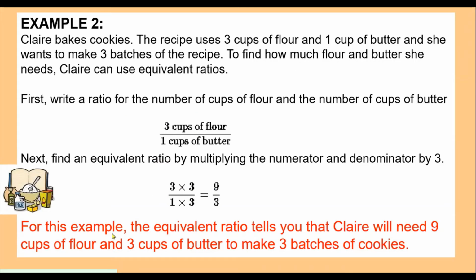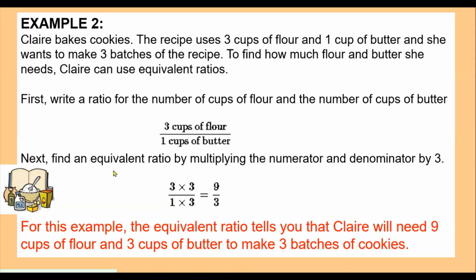Example 2. Claire bakes cookies. The recipe uses 3 cups of flour and 1 cup of butter, and she wants to make 3 batches of the recipe. To find how much flour and butter she needs, Claire can use equivalent ratios. First, write a ratio for the number of cups of flour and the number of cups of butter. So we have 3 over 1, meaning 3 cups of flour is to 1 cup of butter.